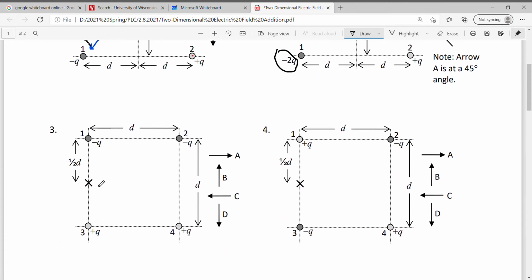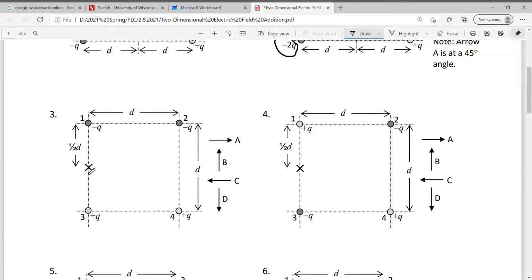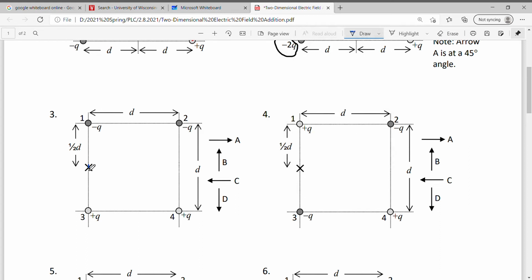And now let's look at part 3. In this position, E1 is caused by this charge 1. It's pointing in this direction. This is E1.